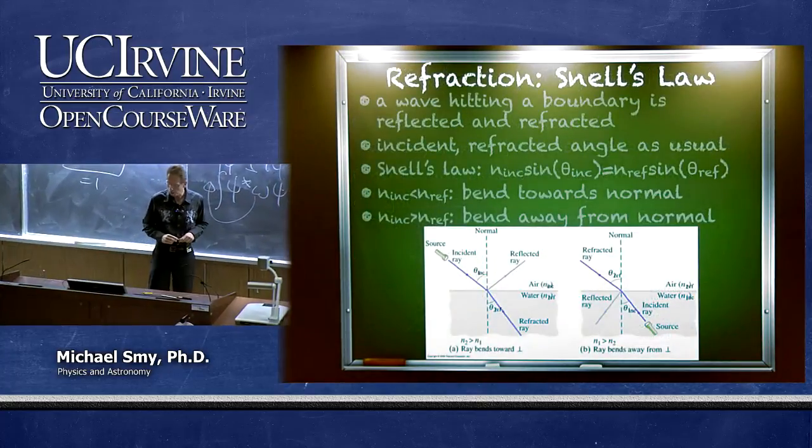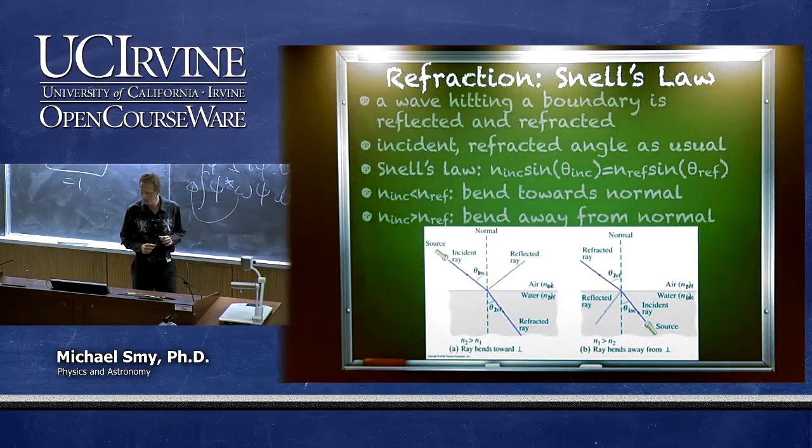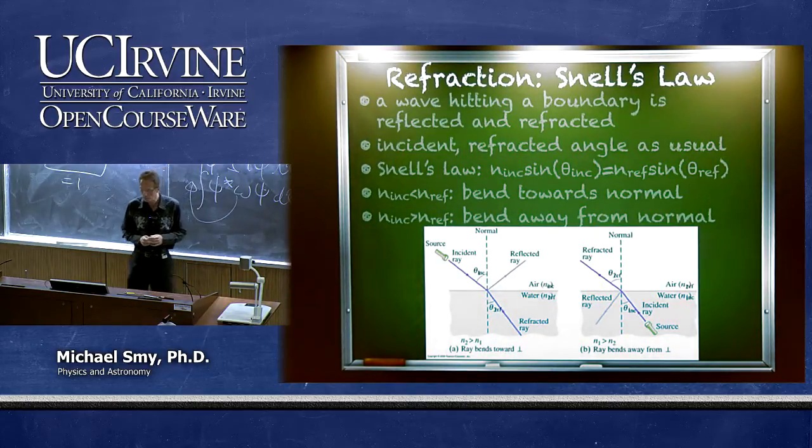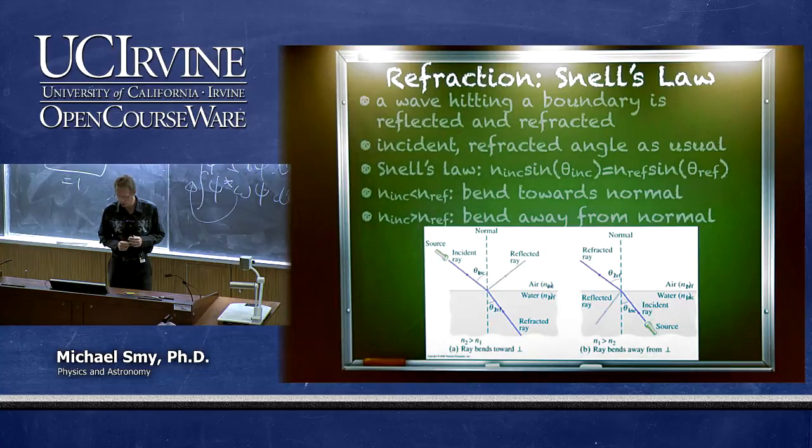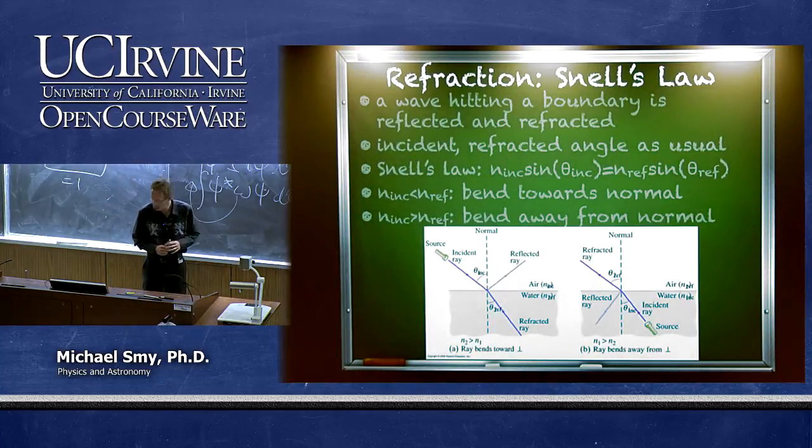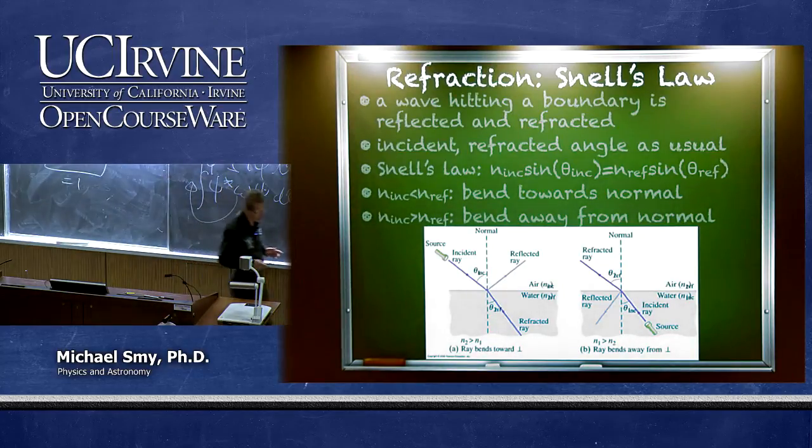To describe refraction, we use the so-called Snell's law. So a wave that hits a boundary where the speed of propagation is different is both reflected and refracted. So we can define incident angles as usual.